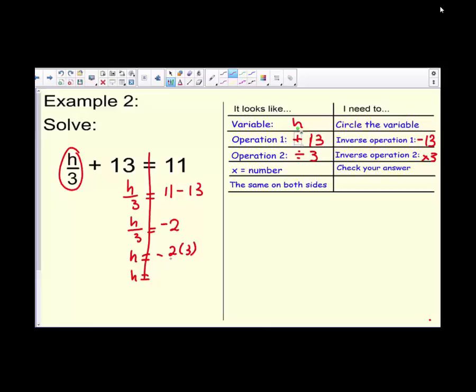Then h equals 2 times 3 equals 6, and a negative times a positive is a negative. So do I have the variable next to a number? The variable in this case is h. Yes, h equals -6.